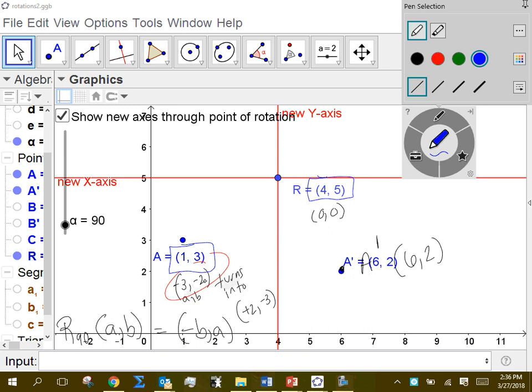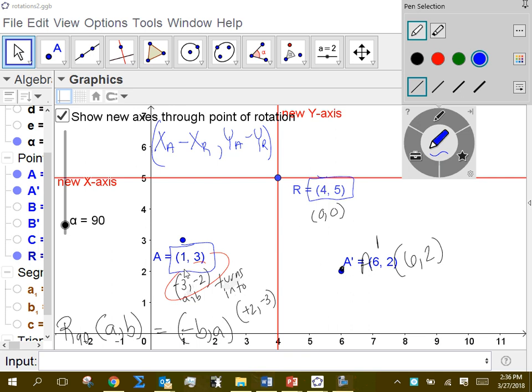How can I get -3, -2 through the use of those two ordered pairs? I can subtract them, right? Okay. If I take the x value of A and subtract from it the x value of R, comma, the y value of A minus the y value of R, that should produce this point that I need to apply my rule to, right?